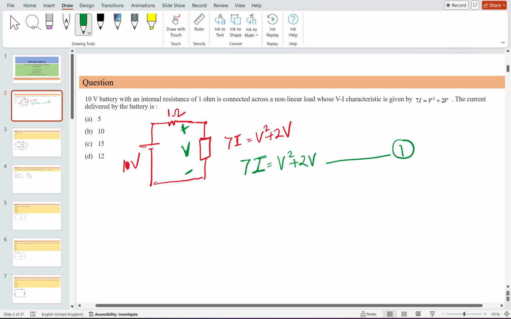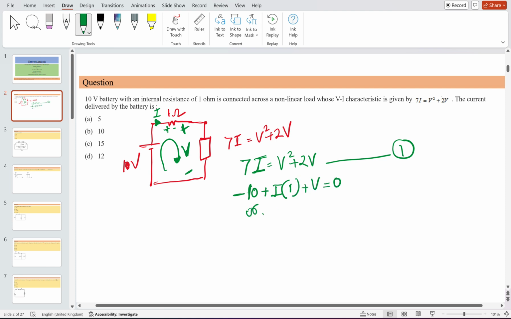Okay. So when you apply KVL in this loop, suppose the current I is flowing like this, it will come out to be minus 10 plus I times R plus V is equal to 0.